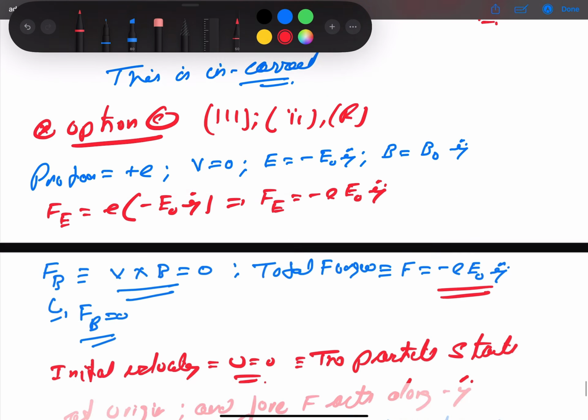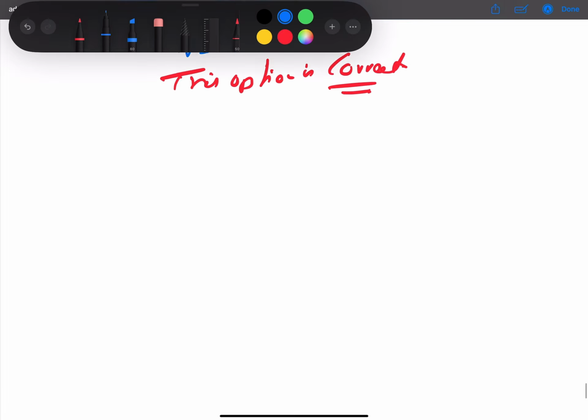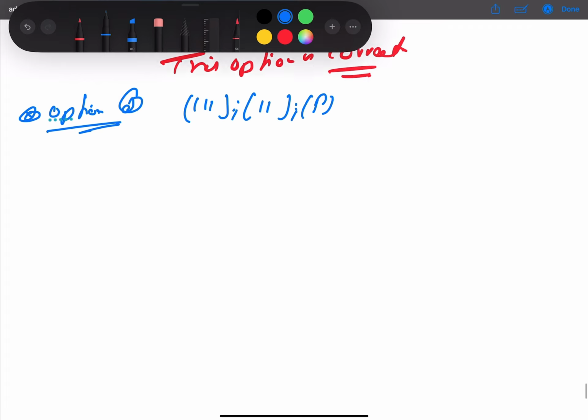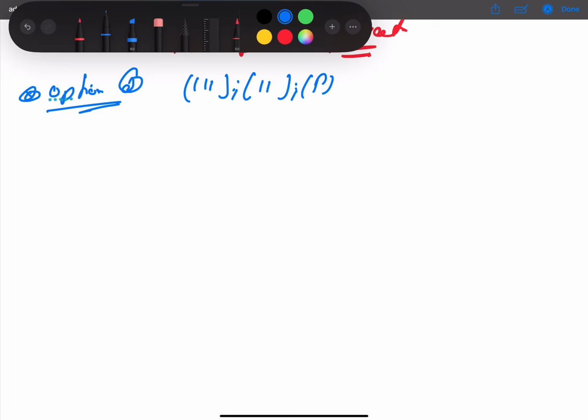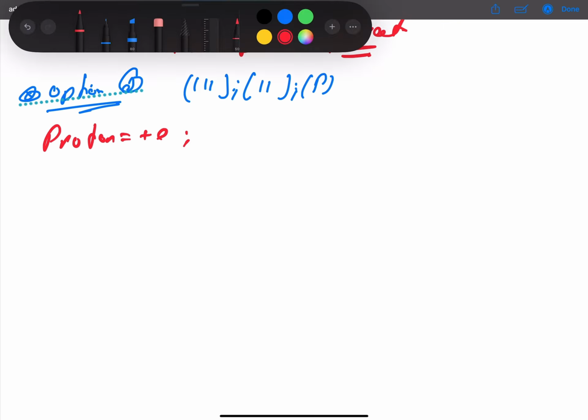Now let us check option D. Option D states third matches with second and it matches with alphabet P. And here once again we have proton that is equal to plus E, and the velocity V is still equal to 0.